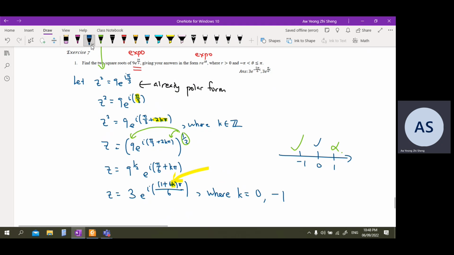Then the last step is just to list down the two solutions, substituting in your k. So there's 3e^(i(1 plus 0)pi over 6), and 3e^(i(1 minus 6)pi over 6).